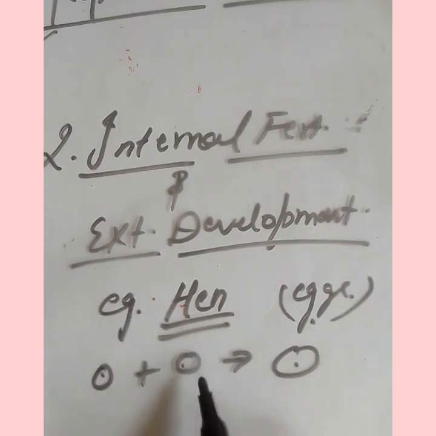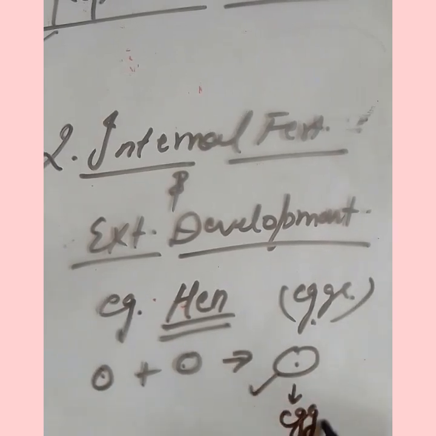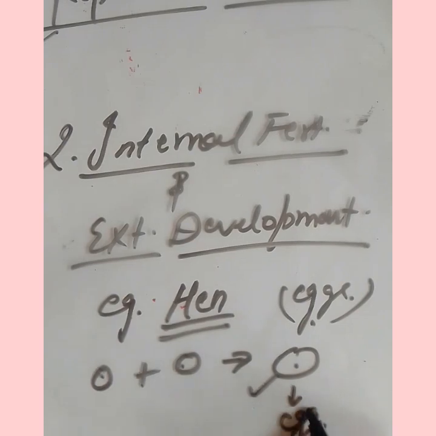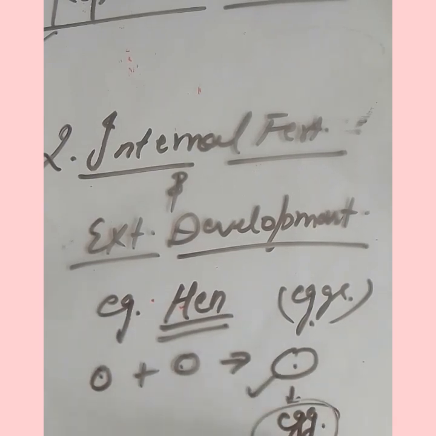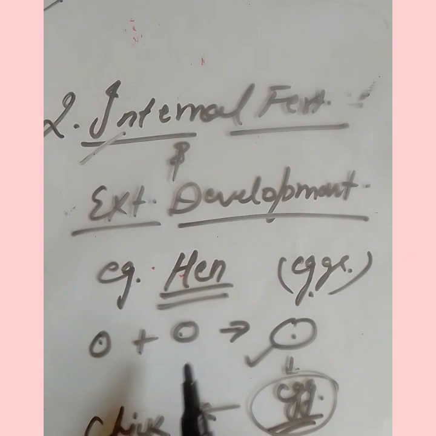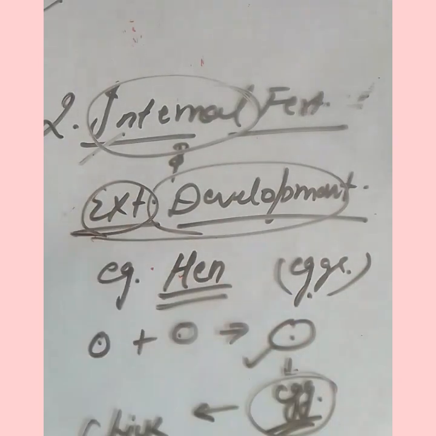Then this structure develops and grows into the egg, and the hen will lay the egg outside. The egg will further grow and develop into the chick. So where fertilization occurs inside the body of the female, that is called internal, and development occurs outside the body, that is called external.